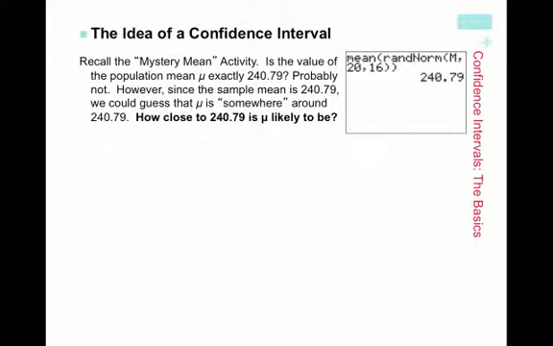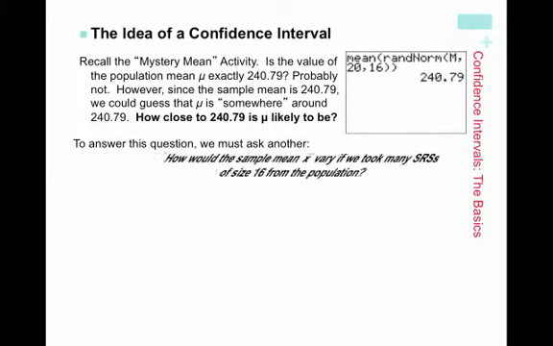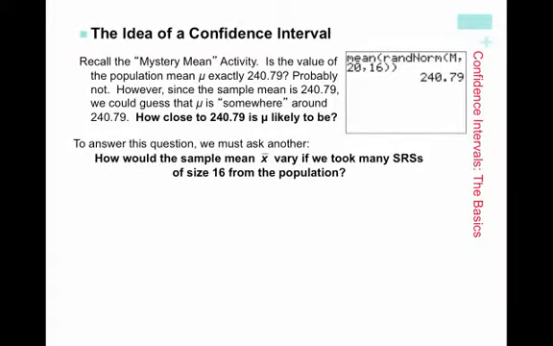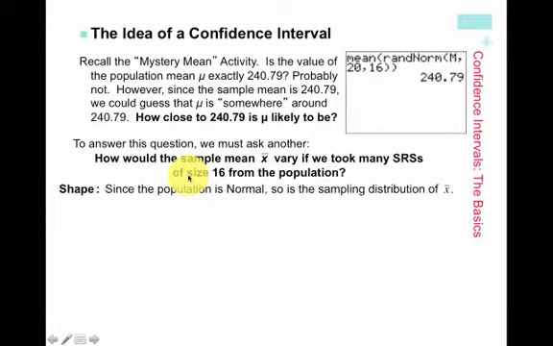We could guess that mu is close to that. But how close is mu likely to be? That's a good question. And to answer that question, we have to ask, how would the sample mean x bar vary if we took many simple random samples of size 16 from our population?